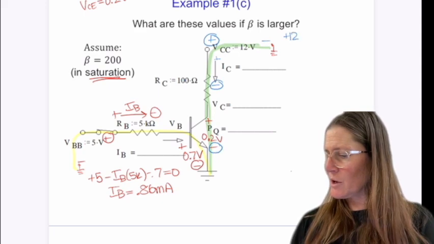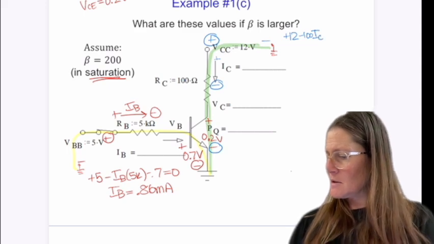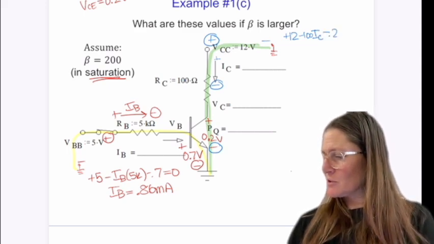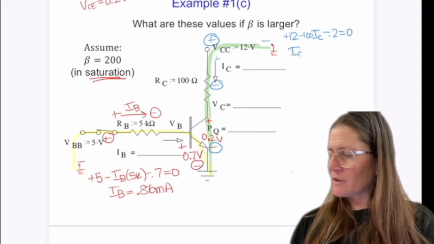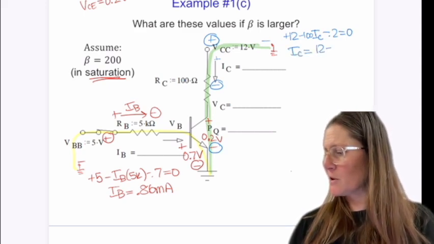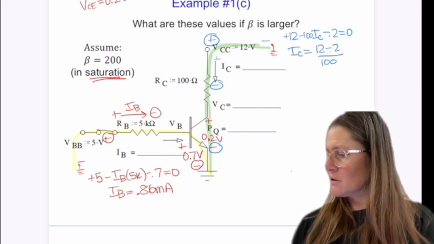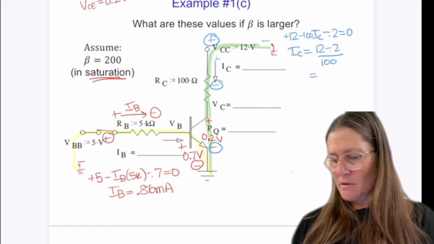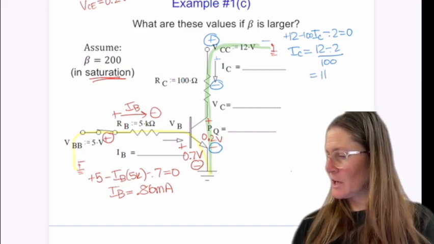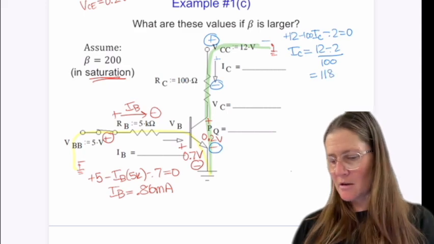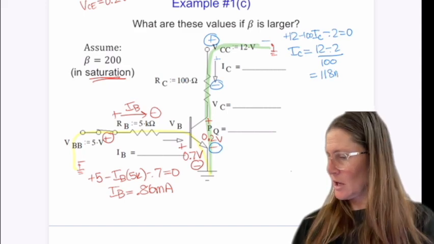So plus 12 minus 100 times IC minus 0.2 equals 0, and then we can solve this to get IC. So 12 minus 0.2 over 100, which gives me 118 milliamps.